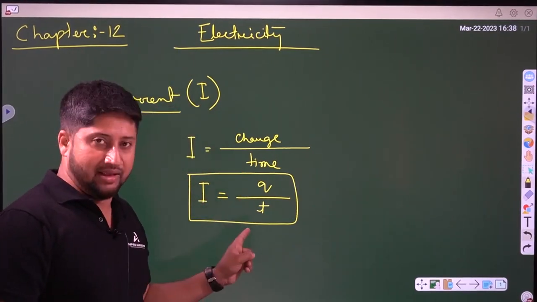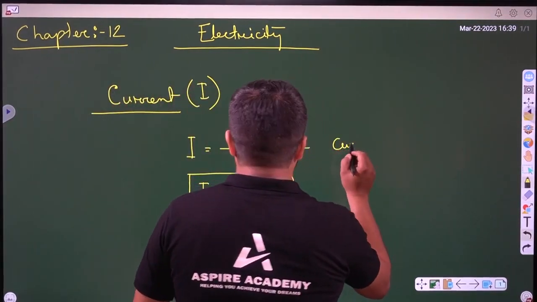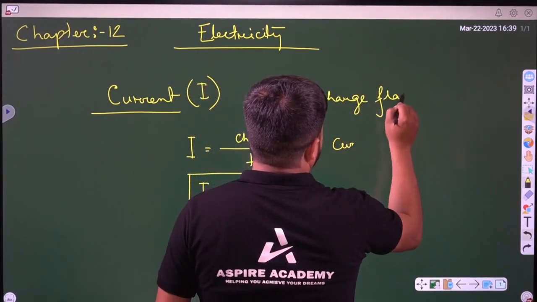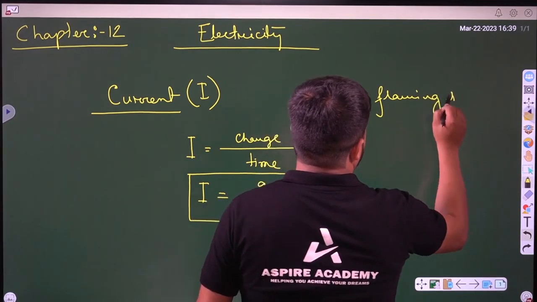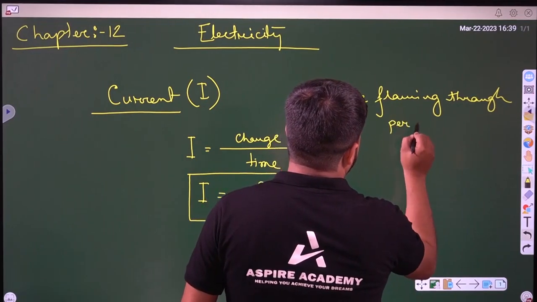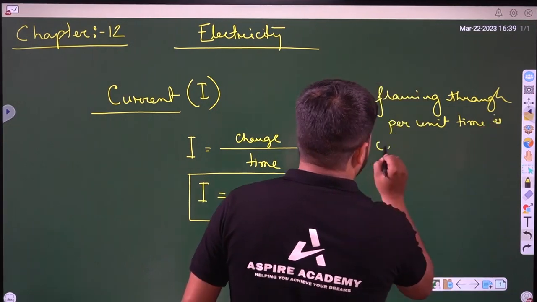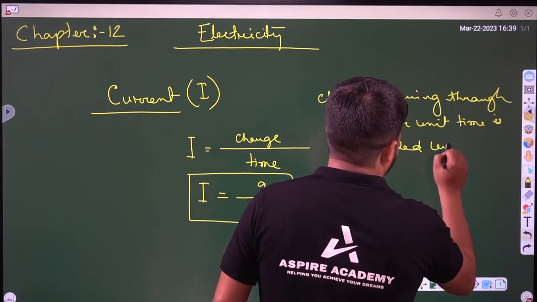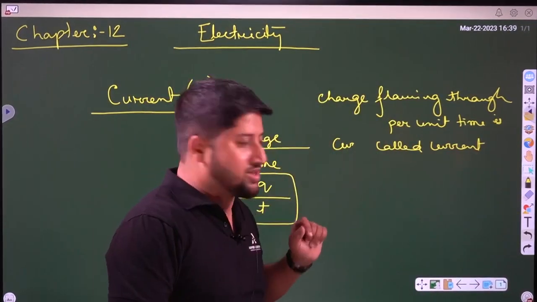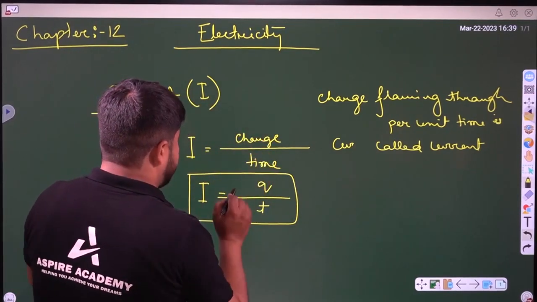Current means Q by T. Charge flowing through per unit time is called current. So this is the main formula, just I is equal to charge by time. So I is equal to Q by T.